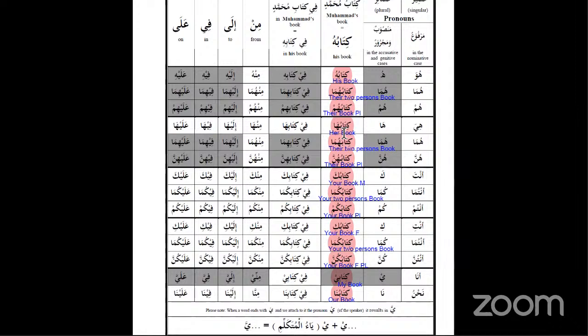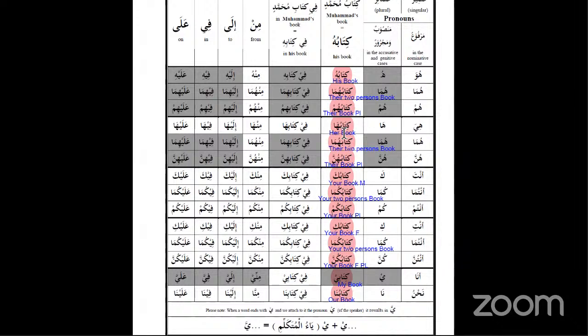Kitabuha, her book. Kitabuhuma, their book for two females. Hunna, kitabuhunna, their book for female plurals. Kitabuka, your book for one male. Kitabukuma, your book for two males.